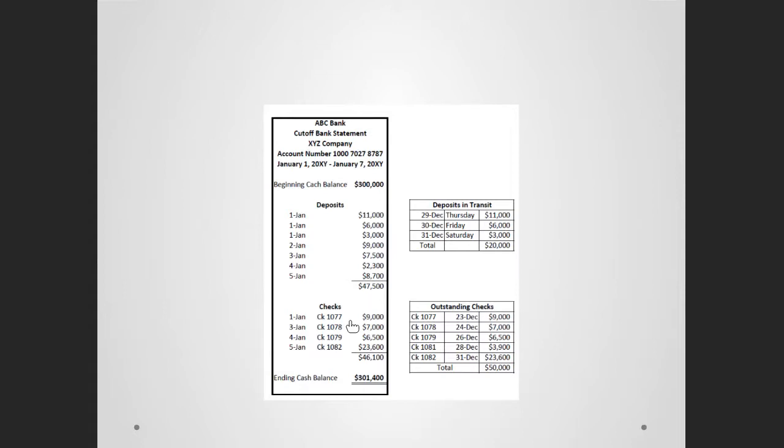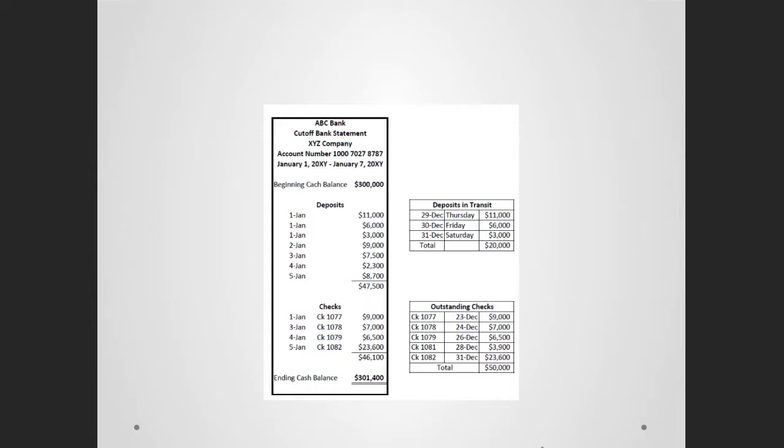Do you follow? Check number 1088, yes, it's with the supplier. It's not yet clearing the bank. Once it clears the bank, your client will get that check back. Is that clear?